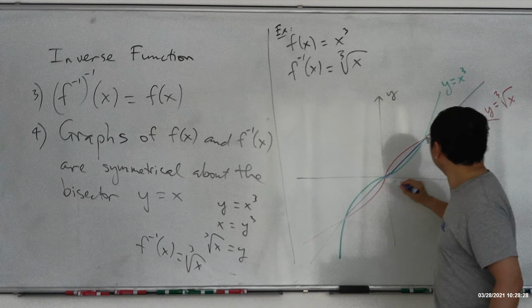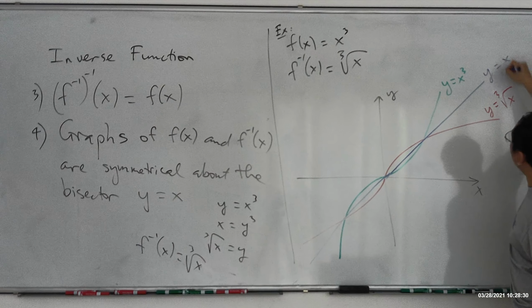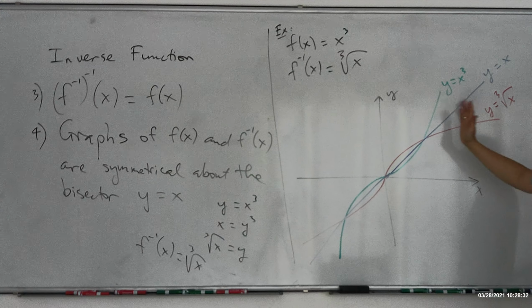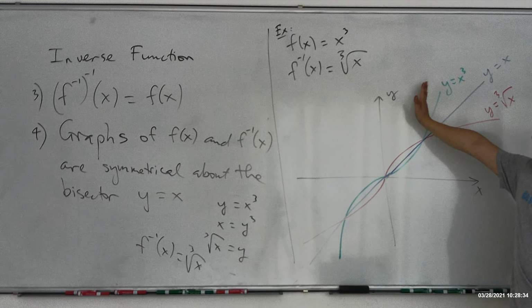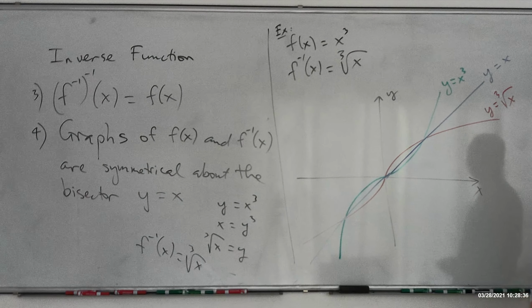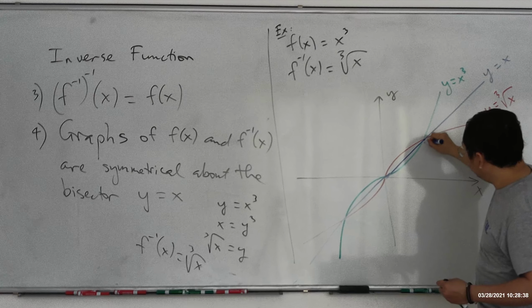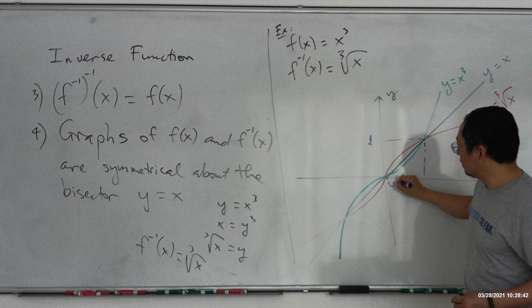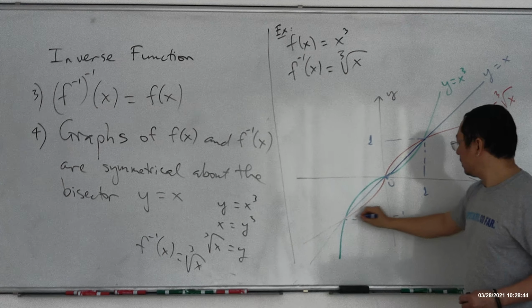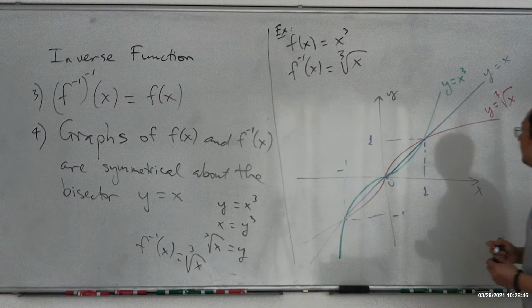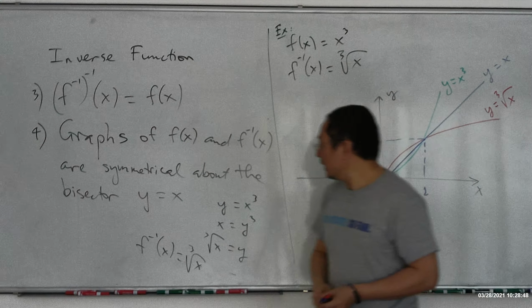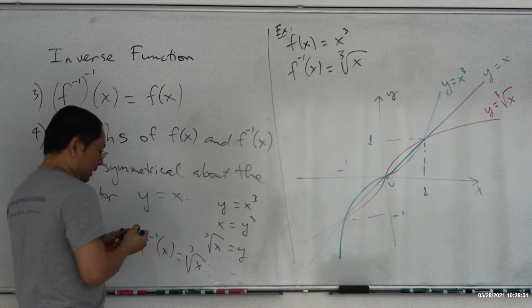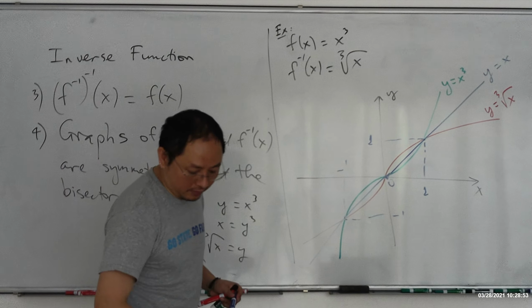This is a line, okay? This is y equal to x, the bisector. Imagine that if you flip the green curve over the bisector, you have the red one. This is the origin. And this is the last property that I think we have here.